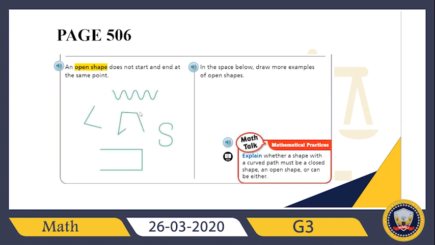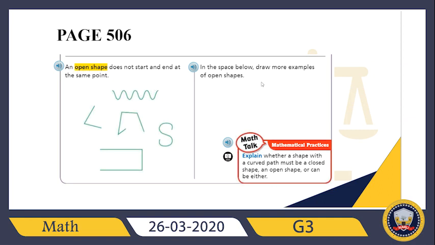For all examples given in this part, they start and finish at different points. I'll start from here and when I track the line segments, I'll finish at a different point. So it means start and end points are different. If they are different, it is an example of an open shape.